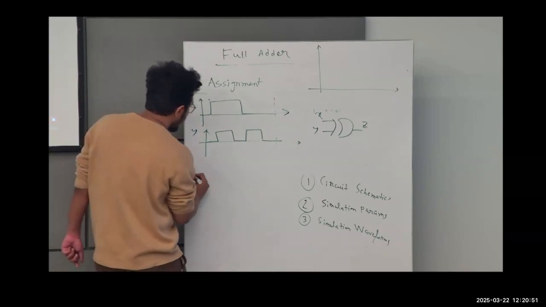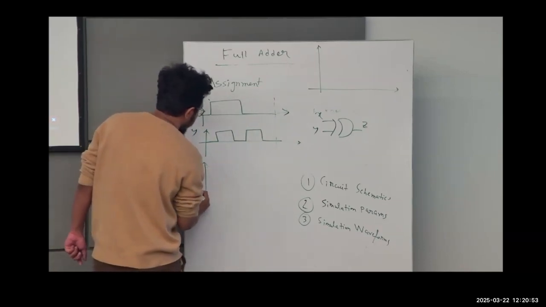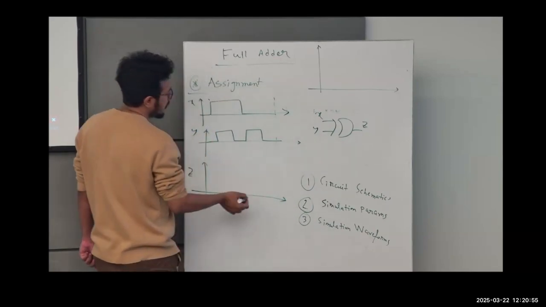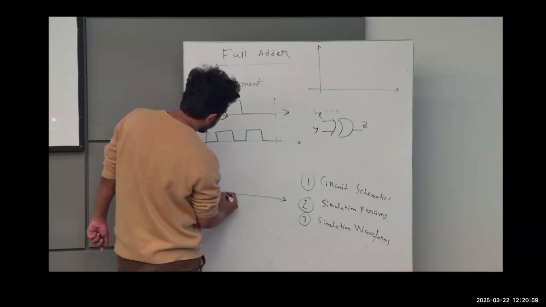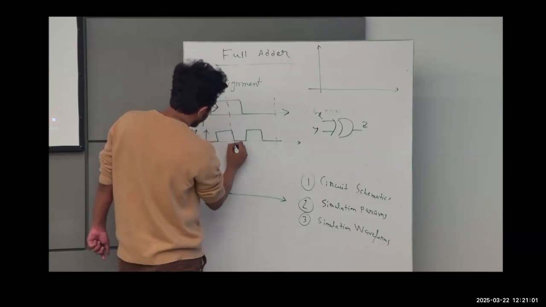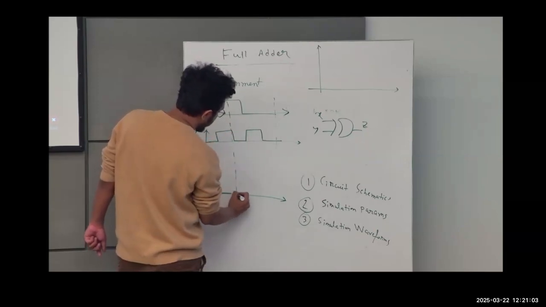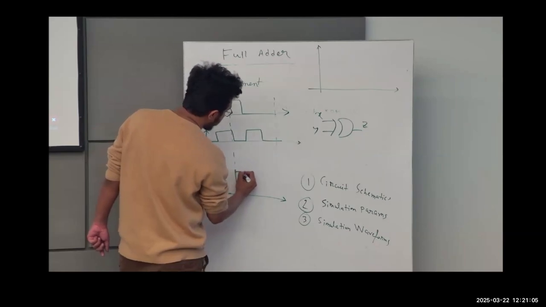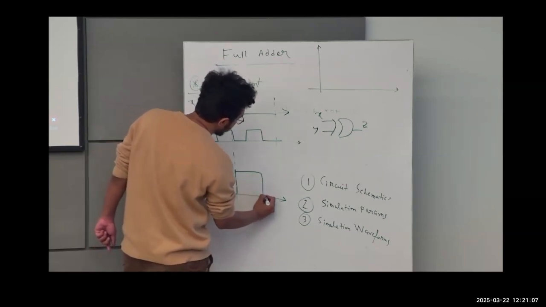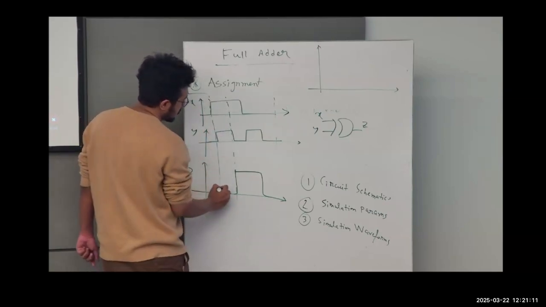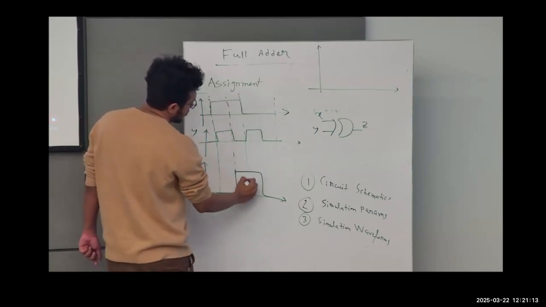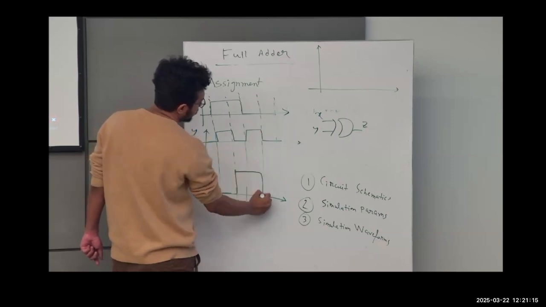For the Z, you should get something like this. This is the solution from XOR, right?